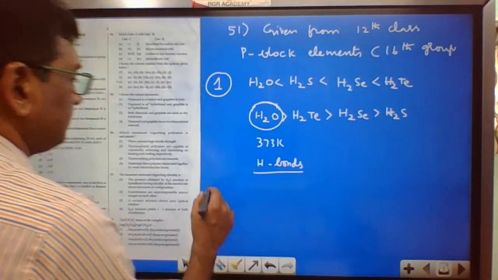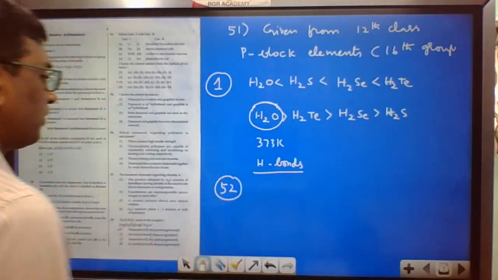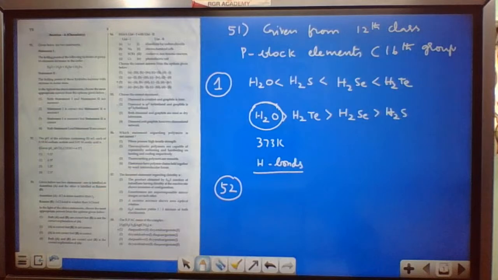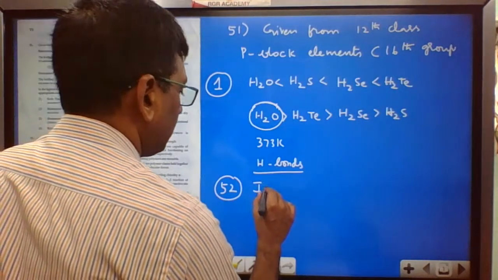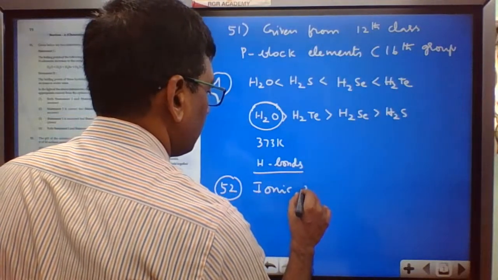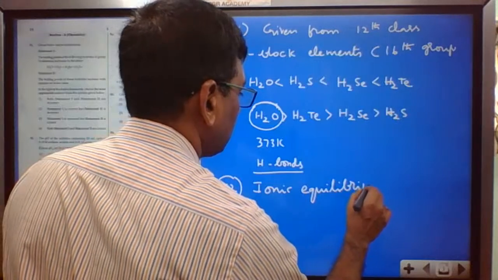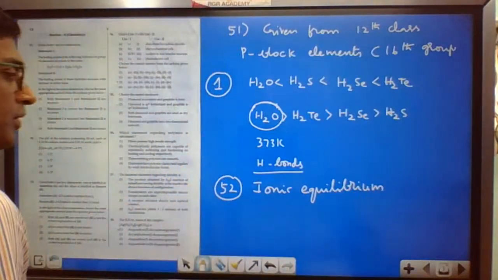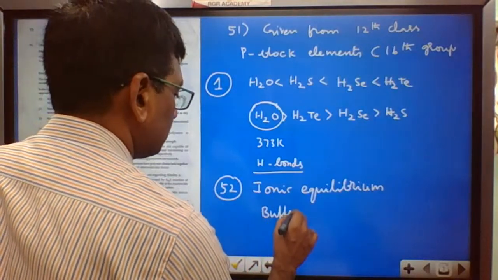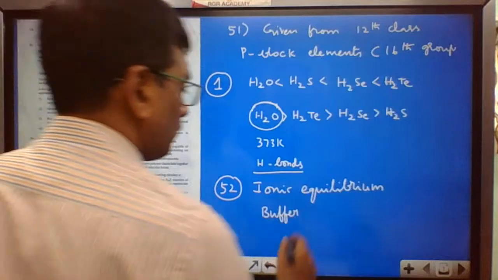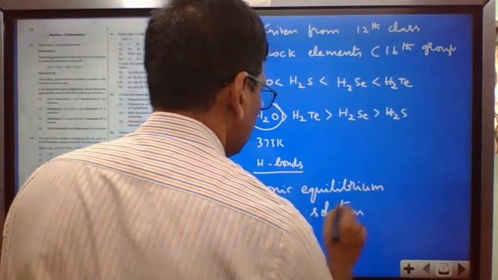Then let us take question number 52. It was given from ionic equilibrium. In ionic equilibrium, they gave this question from buffer solutions.